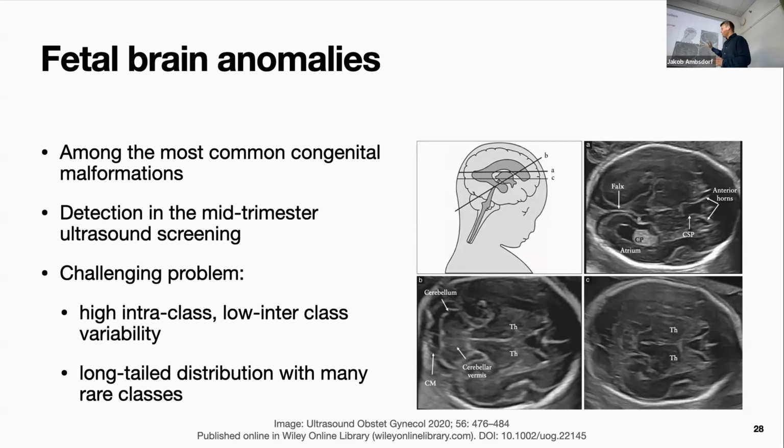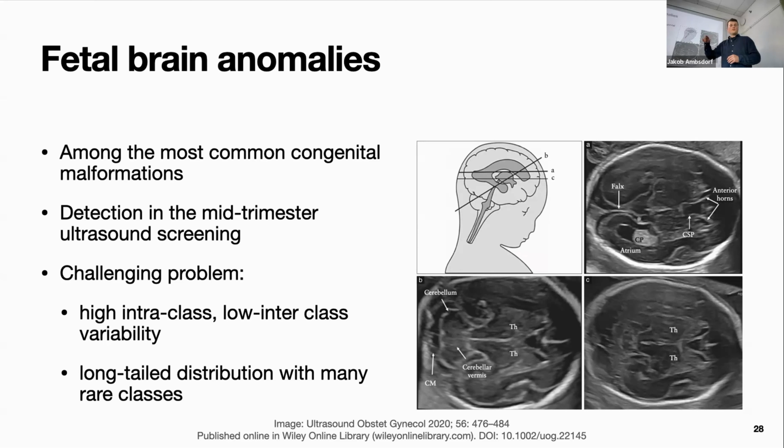So you have very high intra-class variability. And you can, on the other hand, have very low intra-class variability. It can be that there is a cyst in this brain, but it's just a very small part. It's just a few pixels, and the rest looks just like you're used to. So this is a challenging problem just from the computer vision point of view.